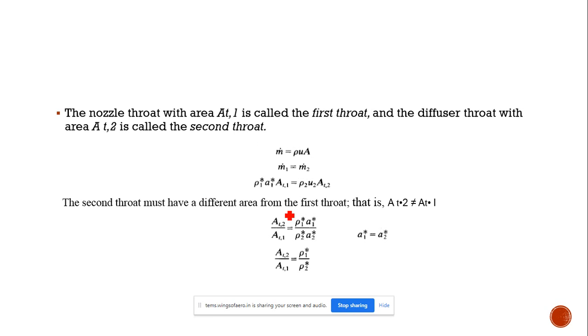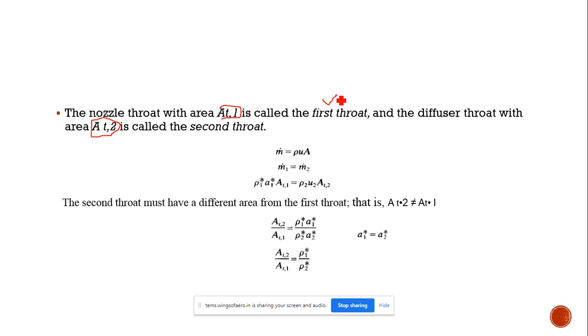For that purpose we have one small derivation. With this derivation you can understand what terms will increase after the expansions, or how the ratios will be. Here we have the nozzle throat area, which we are mentioning as AT1, and the diffuser throat area, which we are mentioning as AT2.